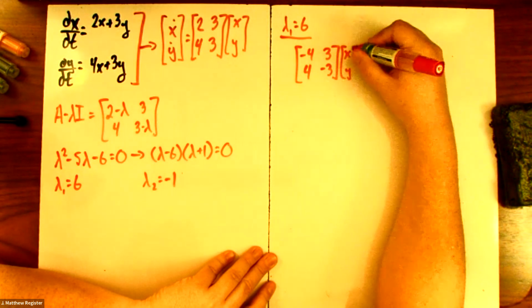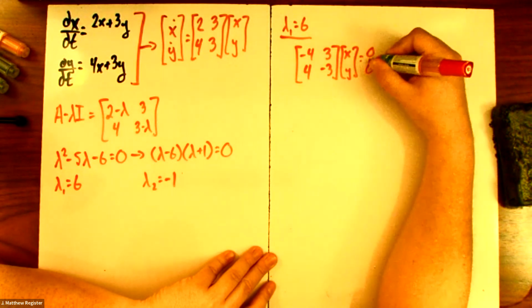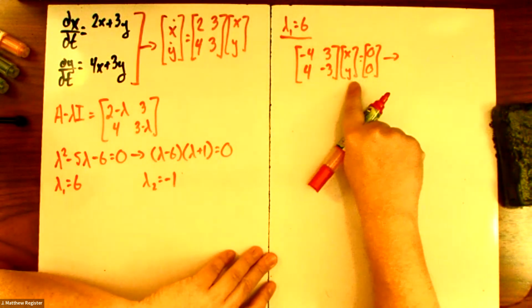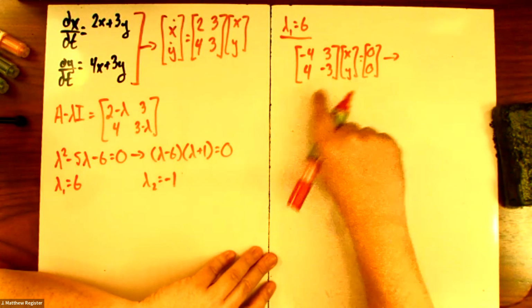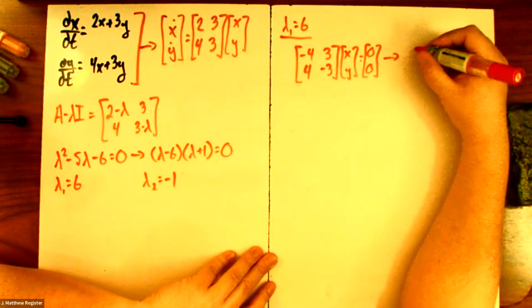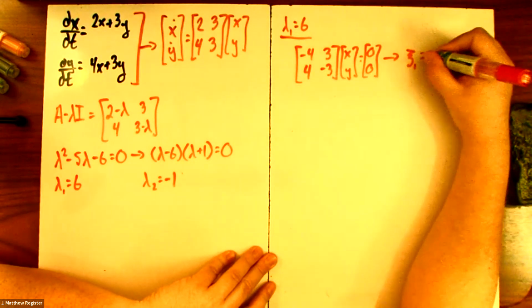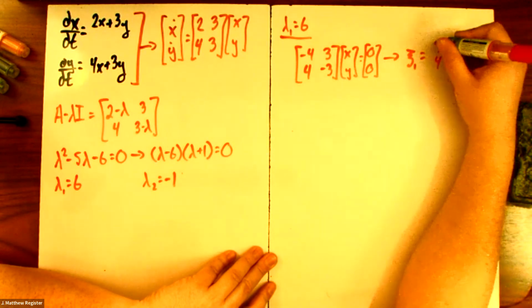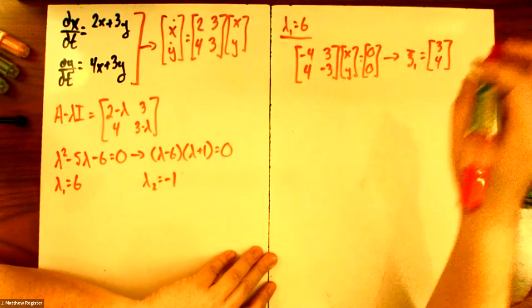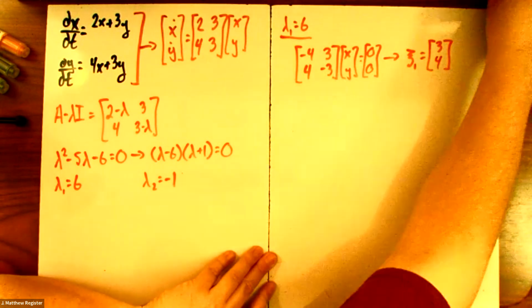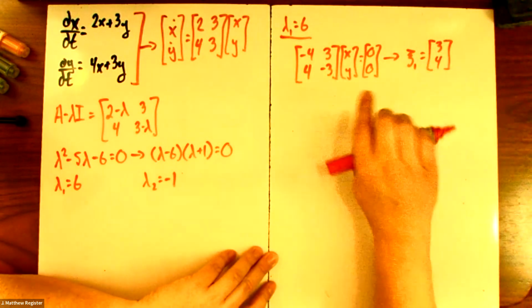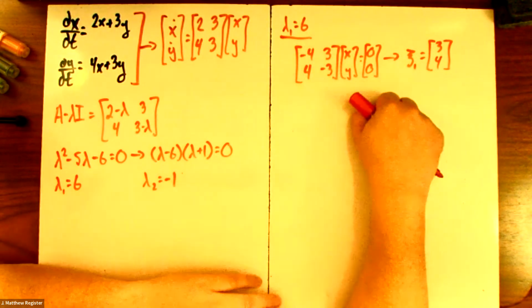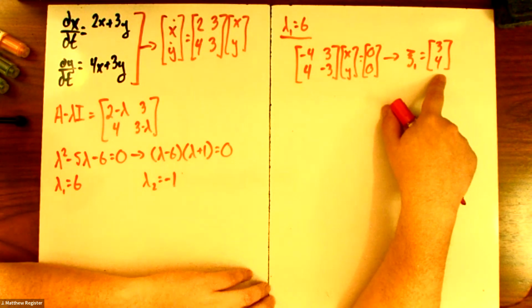This times xy needs to be equal to 0, 0. And so for the eigenvector xy, we could do a 3, 4. Remember, there's an infinite number of solutions. We just need an example which is non-zero. And 3, 4 would be 3 times -4 plus 4 times 3 equals 0. And so that would work for our first eigenvector.